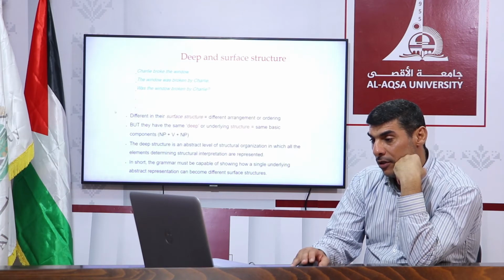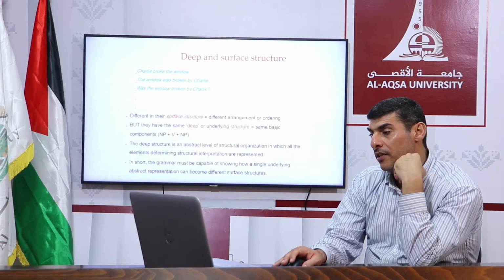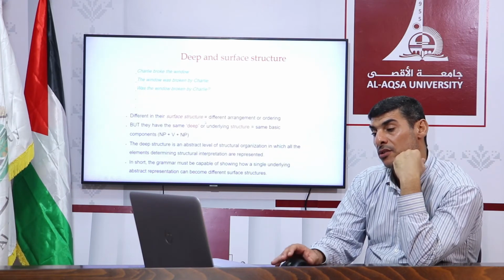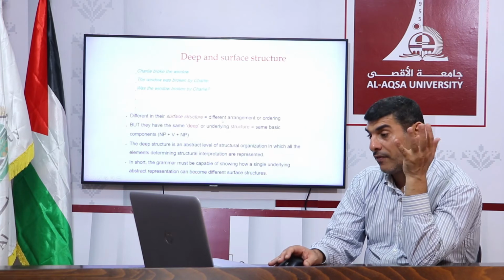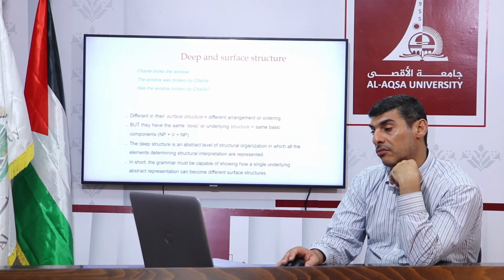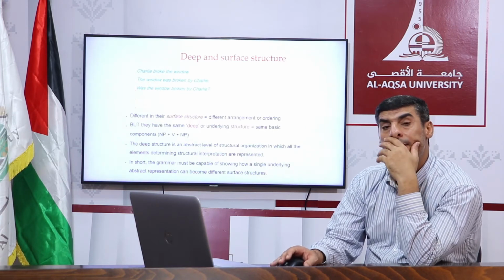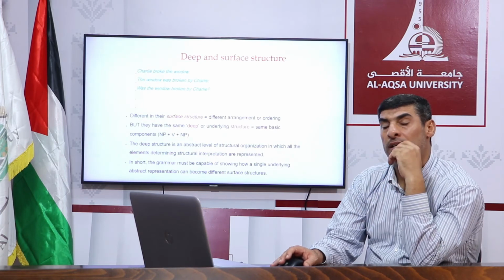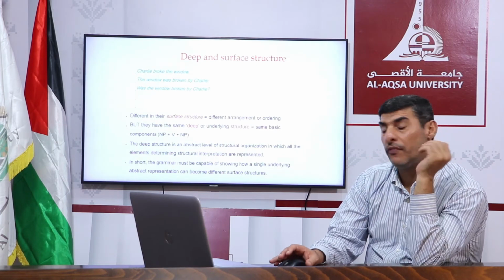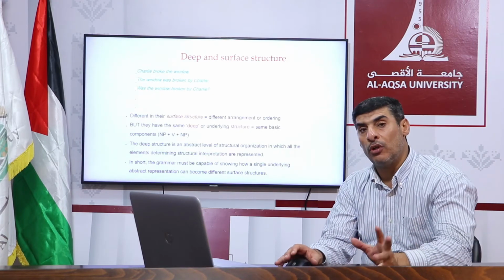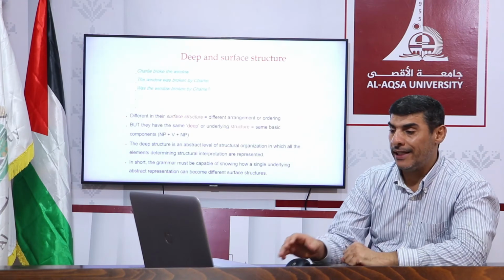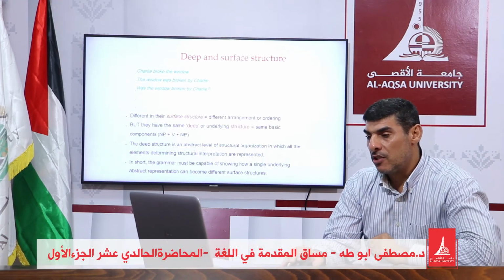Although they are different in the surface structure, that means that there are different arrangements or reordering. So it's up to you. If I say Sarah saw Mary, Mary was seen by Sarah, Sarah was the one who saw Mary, and Mary was the one who was seen by Sarah. So we have different arrangements, but after all, we have similar meaning, if not identical meaning, with some slight change.